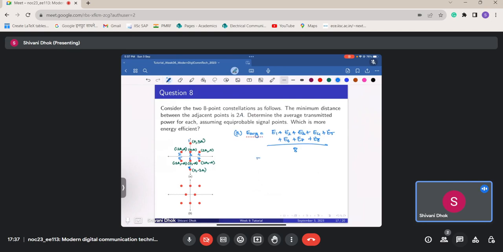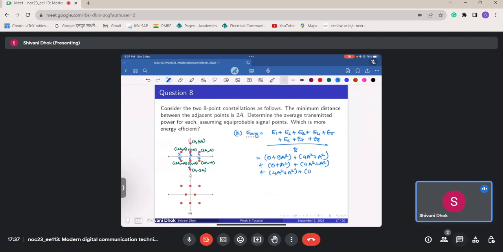So E1 will be equal to 0 plus 9a square. E2 will be 4a square plus a square, plus E3 will be 0 plus a square, plus E4 will be 4a square plus a square, plus E5 will be 4a square plus a square.